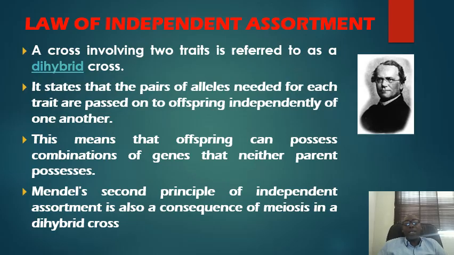This law states that the pairs of alleles for each trait are passed on to the offspring independently of one another, and this occurs in meiosis I at metaphase, when they line up at the equator of the spindle fiber and move to opposite poles independent of one another. So it means that the offspring can possess combinations of genes that neither parent possessed. So the second law of independent assortment is also a consequence of meiosis in a dihybrid cross.